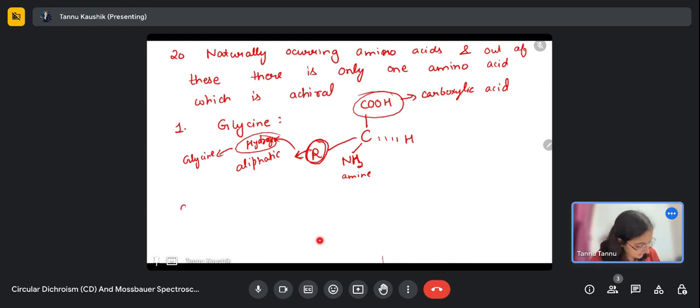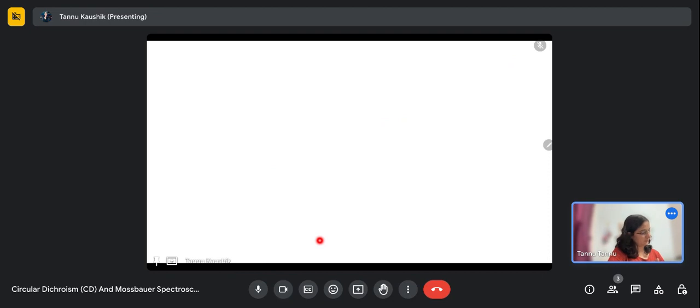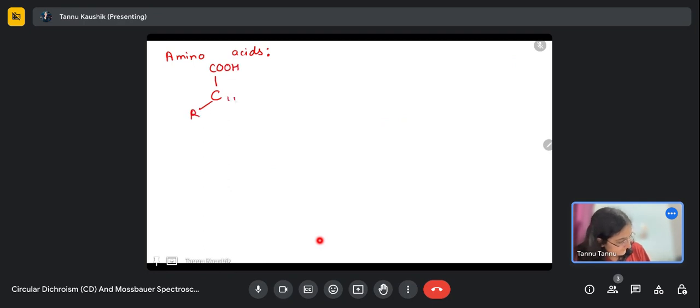And if it is aliphatic... so I'm starting from the very beginning. Amino acids, as we discussed. Based on this basic structure, there will be 20 naturally occurring amino acids.